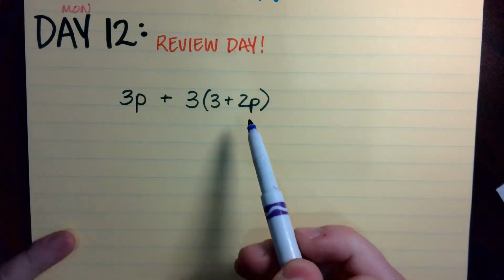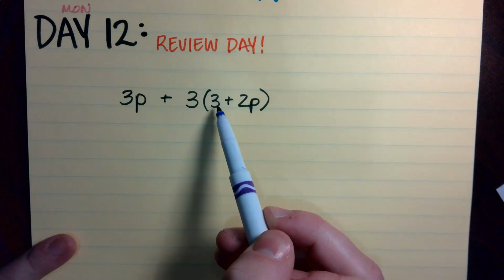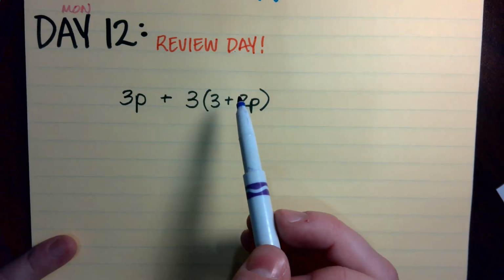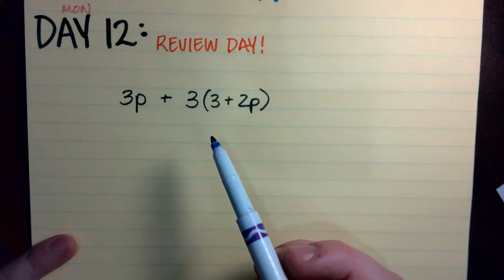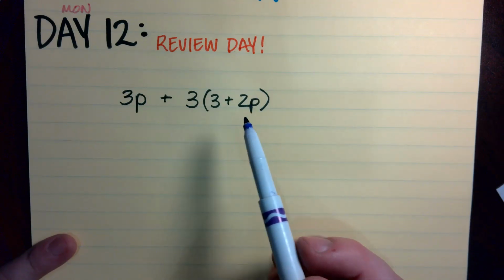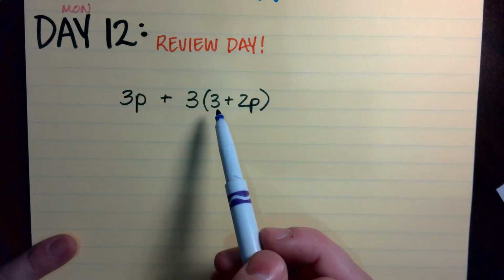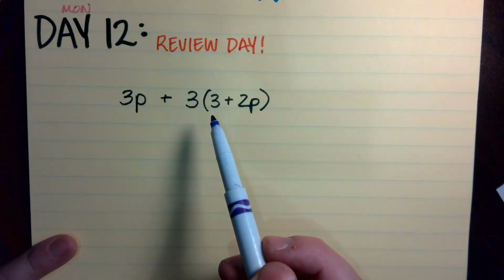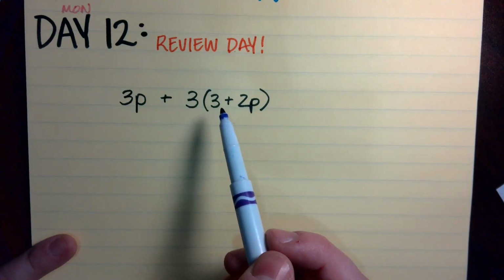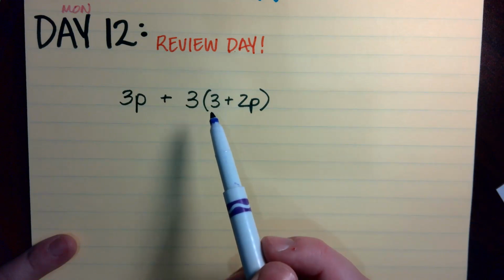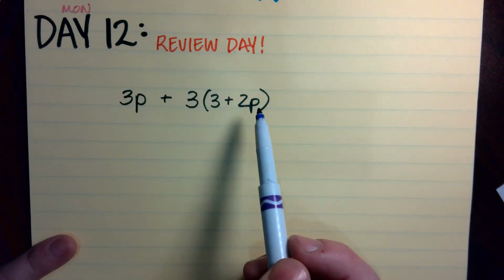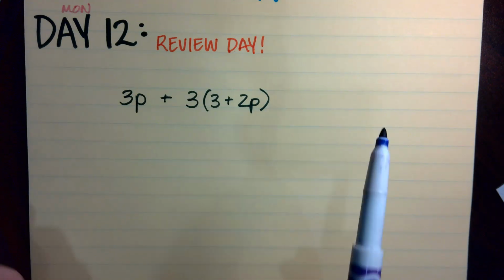Normally, when we see a problem with numbers in parentheses, we would do the parentheses first. You would think, oh, 3 plus 2, I know that's 5. That's going to be my answer. But we cannot add 3 and 2p because they are not like terms. There's no p attached to the 3, but there is on the 2. So if they don't have the same variable, we cannot put them together.